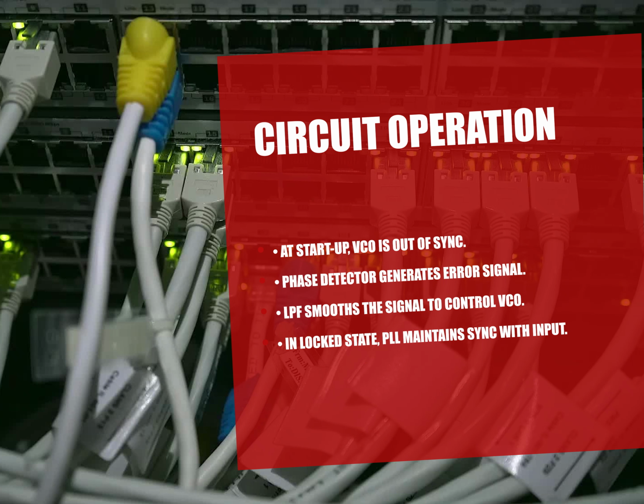The VCO uses this control voltage to adjust its frequency, either increasing or decreasing it to reduce the difference. Eventually, when the output is close enough to the input in both phase and frequency, the PLL becomes locked. Even after locking, the loop stays active, constantly adjusting and maintaining the lock, especially if the input signal changes a little bit.